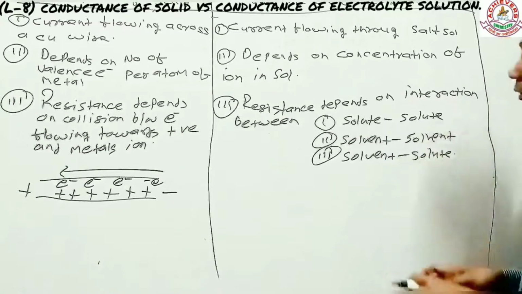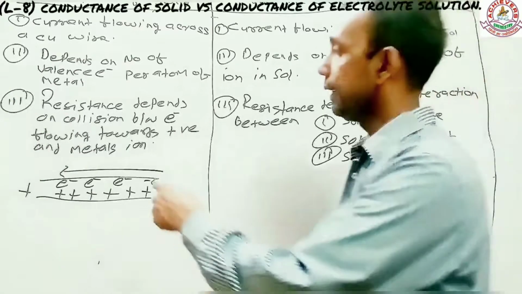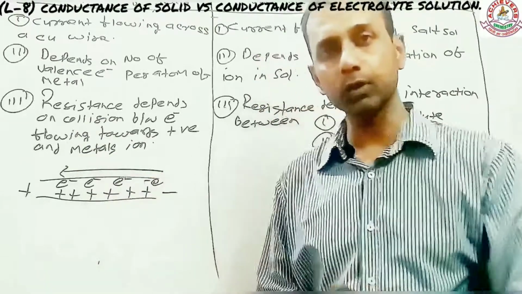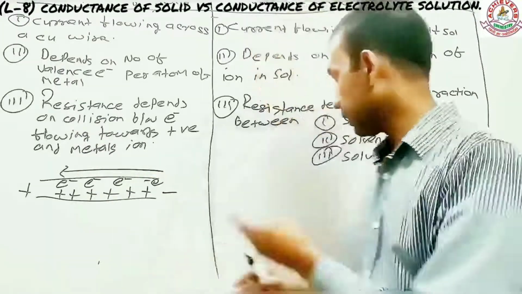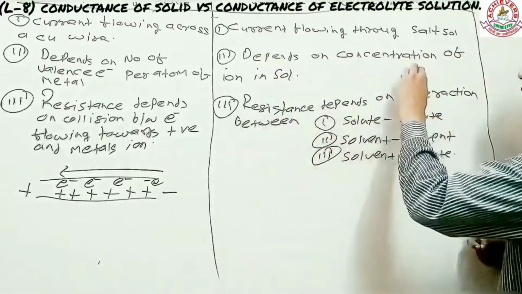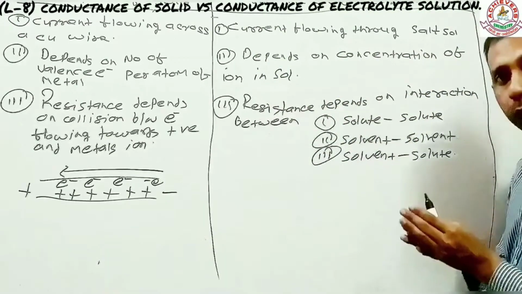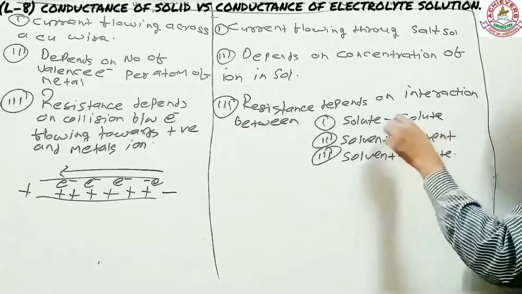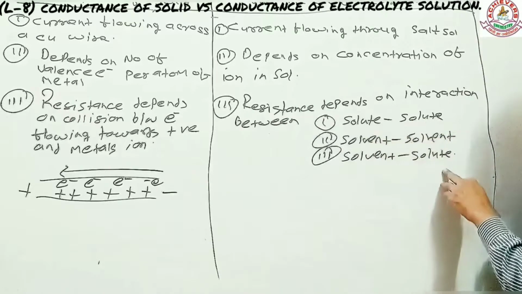Let me repeat this. The resistance in a solid is due to the collision between the positively charged particles and electrons. But here, the resistance of the electrolytic solution depends on the attractive forces between solute and solute, solvent and solvent, and solute with solvent.